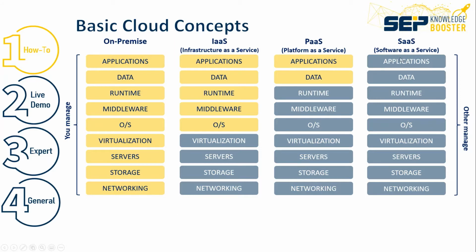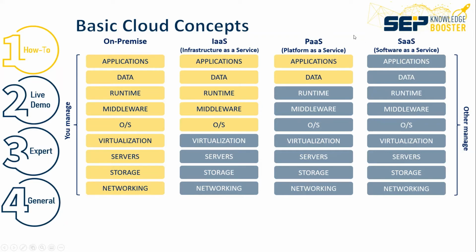And in the last step, you use specific software services. The famous example is definitely Office 365, where you get everything from Microsoft, including the application and the data. Everything is hosted by Microsoft. I think that's the most important example out there.